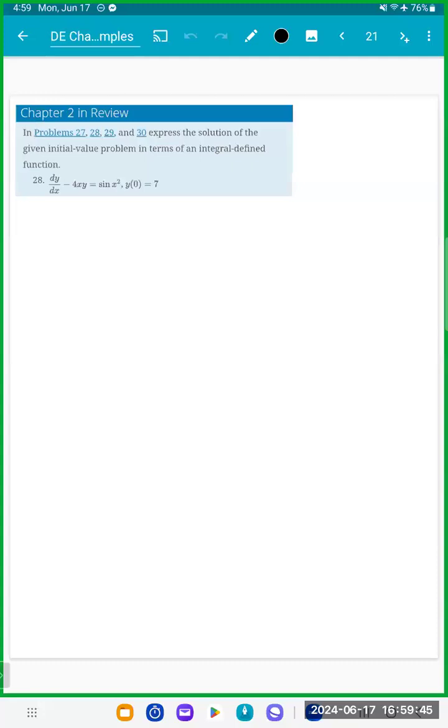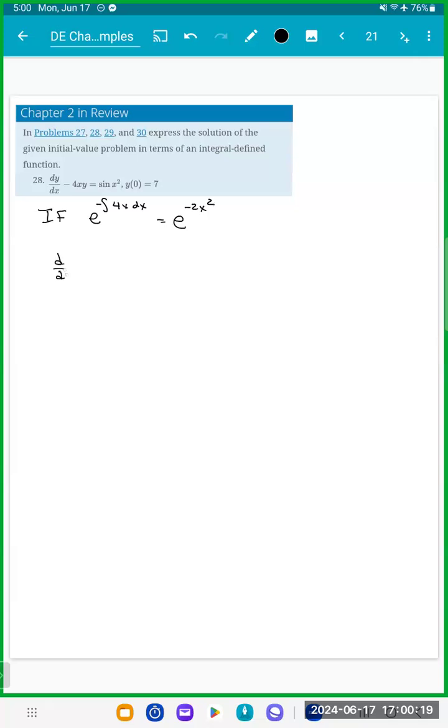All right, last problem from this section is problem number 28 from the review. This equation is already in standard form, so the integrating factor is e to the negative integral of 4x dx, which is going to give us e to the negative 2x squared.